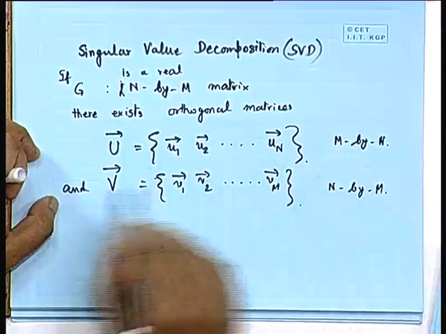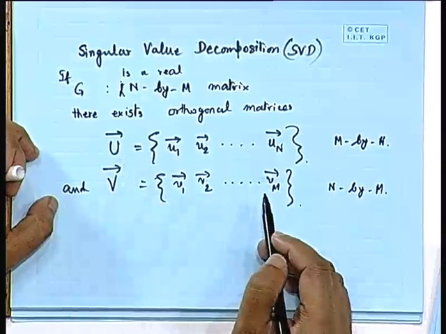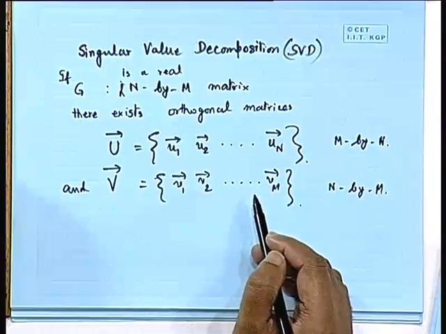Why do we say the U matrix and V matrix are orthogonal?